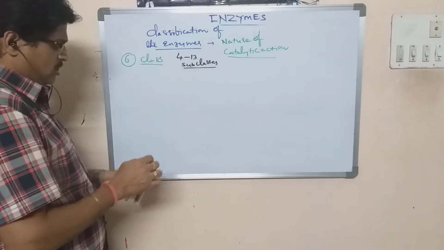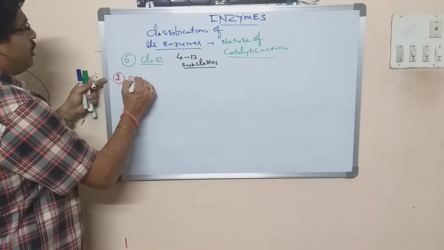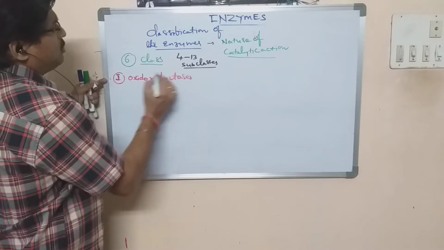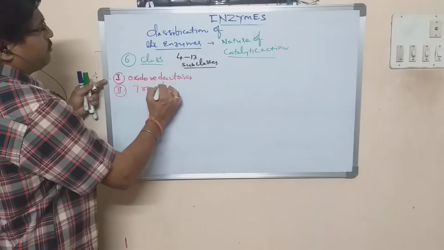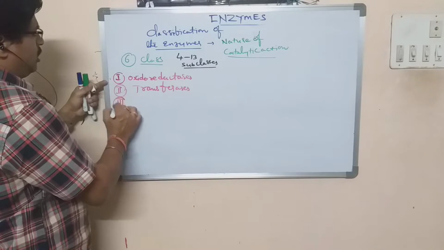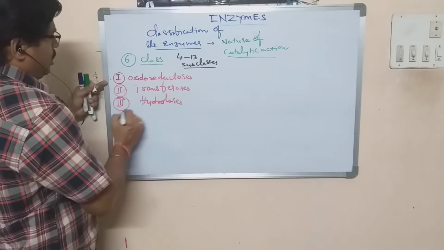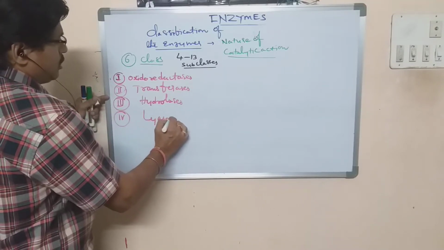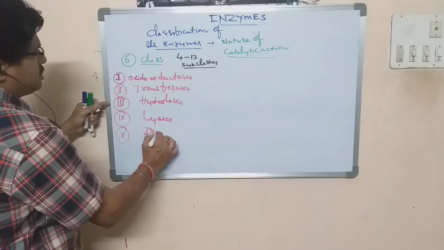Let us see. The first one is called oxidoreductases. Number 2 is called transferases. The third one is called hydrolases. The fourth one is called lyases. The fifth one is called isomerases.